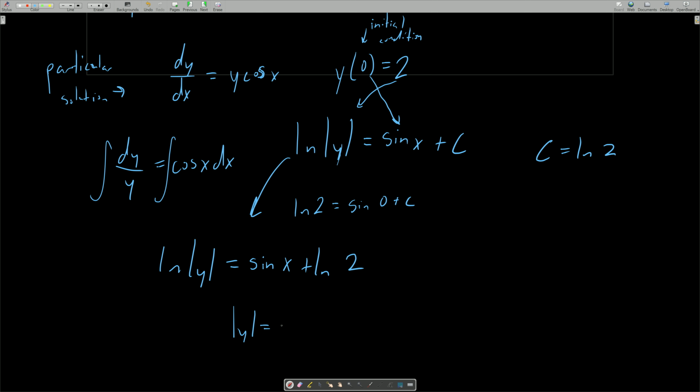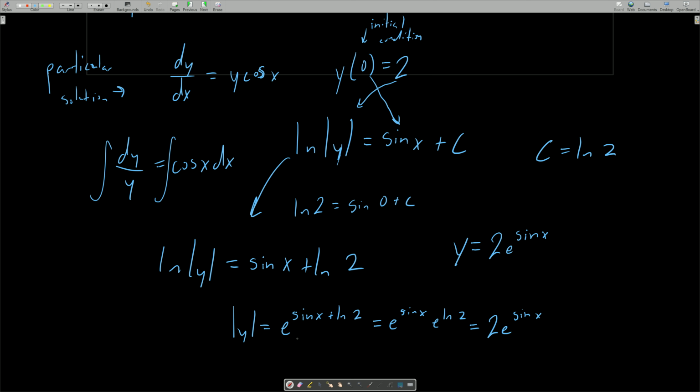The absolute value of y equals e to the sine x plus ln 2, which is the same as e to the sine x times e to the ln 2, or 2 e to the sine x. And the last thing we're going to do is get rid of this absolute value: y equals 2e to the sine x.